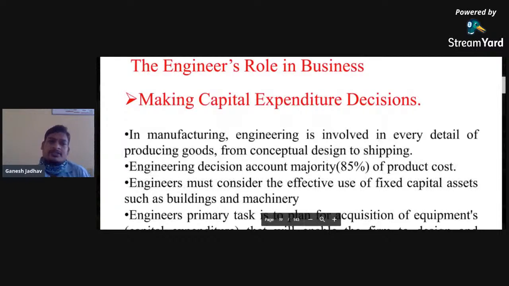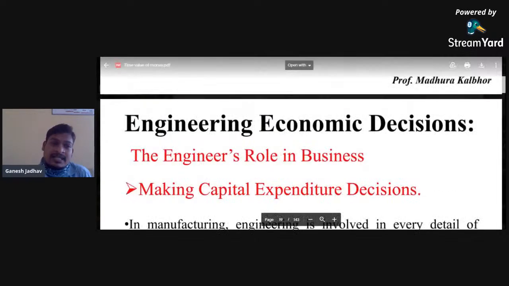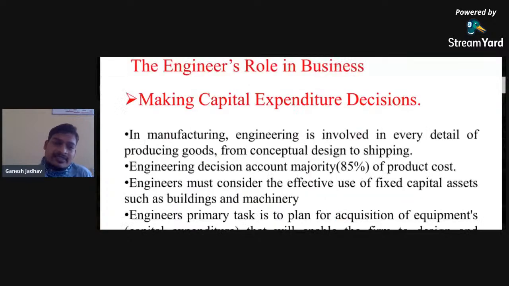So these are the roles of engineers. Another one is the engineering roles in the business. The first one is making the capital expenditure decision. In manufacturing, engineering is involved in every detail of producing goods, from the conceptual design to shipping.